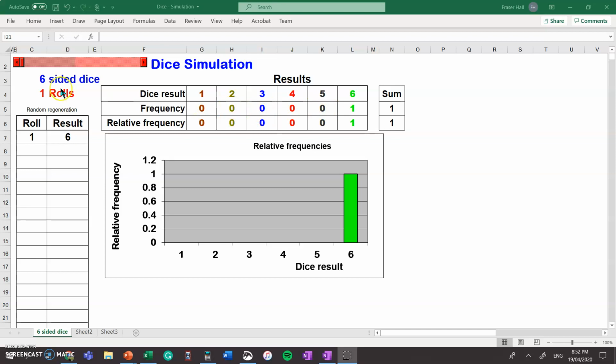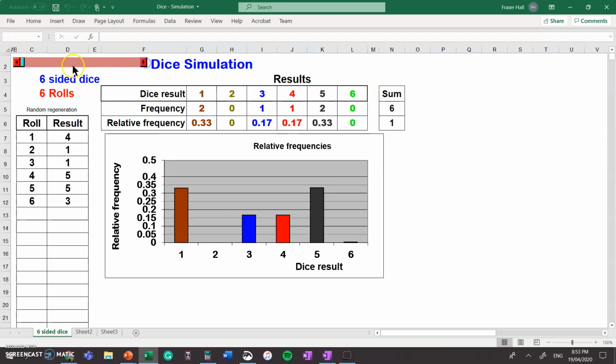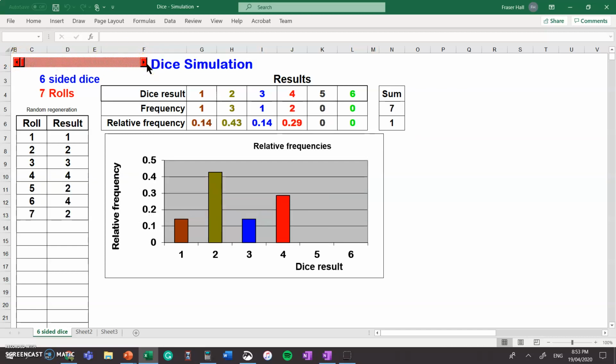Alright, because that's what the probability predicts. If the dice is fair, we should end up with 1 out of 6, and if it's 60 rolls, we would expect 10. But in reality, let's see what we get. So we've got 2 rolls there. Moving up, you can see that the probabilities should be the same, but they're not because we've had only 7 rolls.